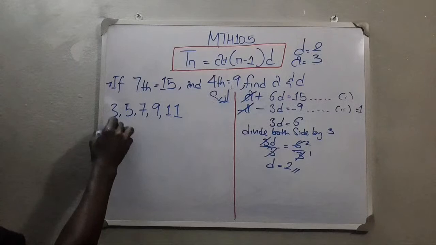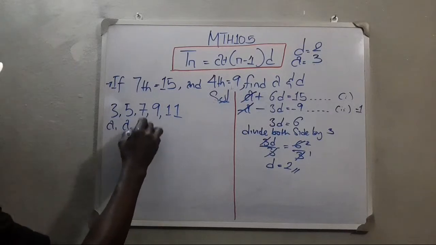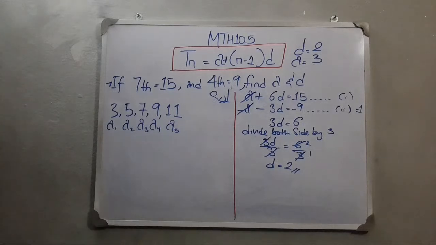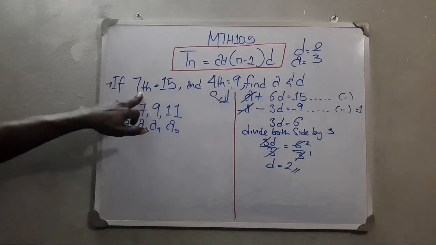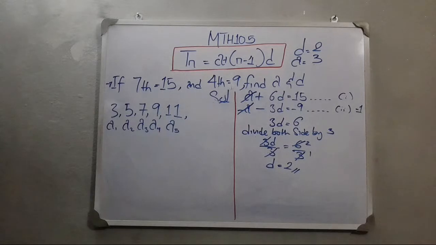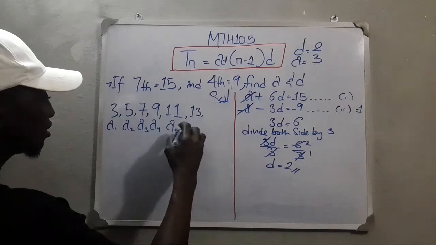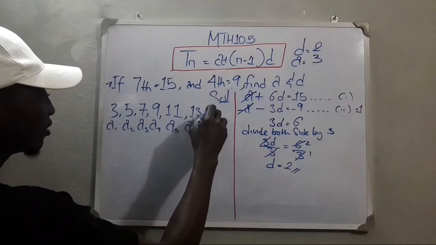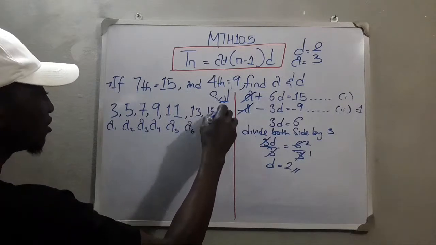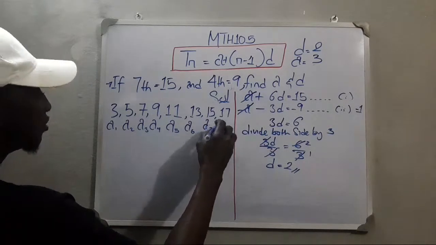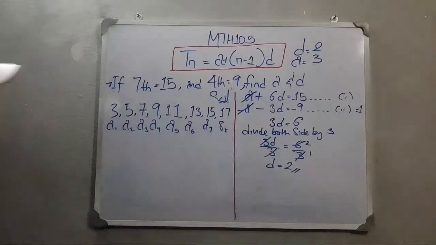This is A1, A2, A3, A4, A5. Now let's get it to 7. This should be 13, A6, then 15, 17, A7, and A8.